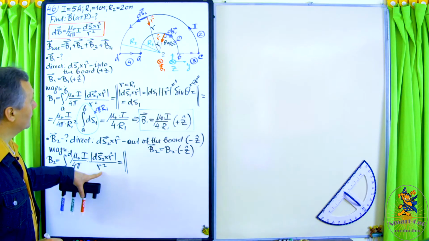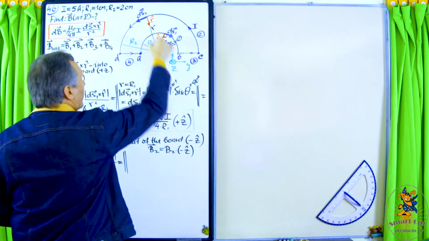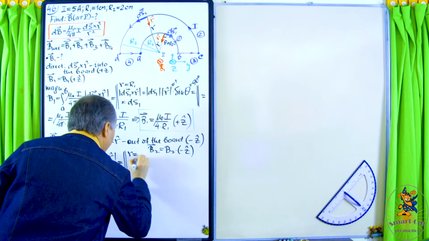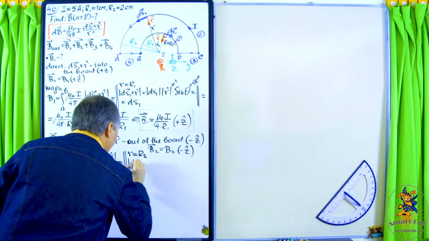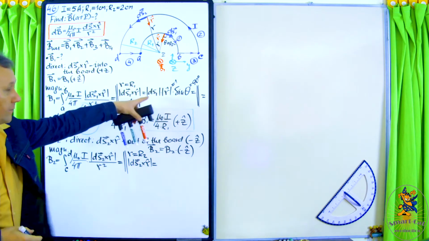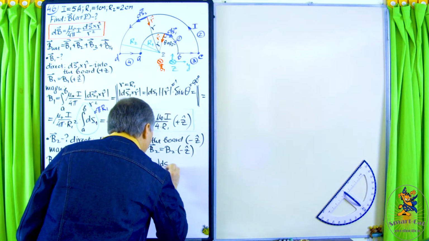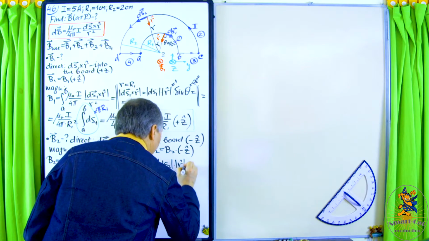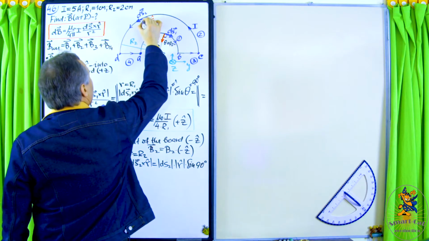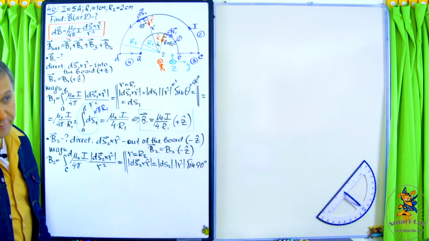Again, explanation box: what is the value of r? It doesn't matter where you are during the integration. R equals R2 because we're on a semicircle. And then the absolute value of ds2 cross r hat, in a similar way, is the absolute value of ds2 times the absolute value of r hat times sine of 90 degrees, because this is the angle between the tangential direction and the radial direction.